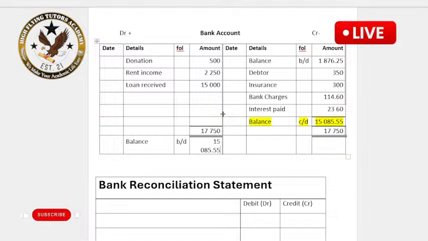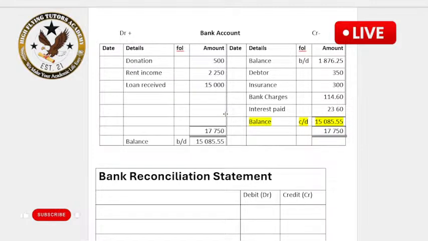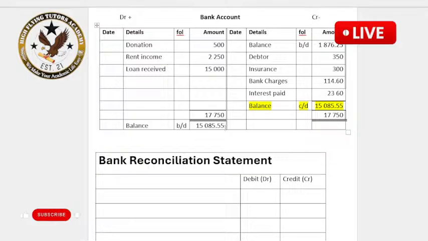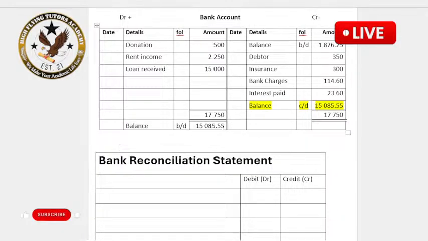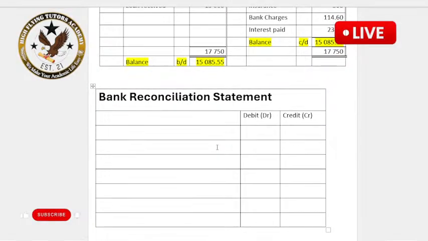Okay, right, and then let's go to the bank reconciliation statement.